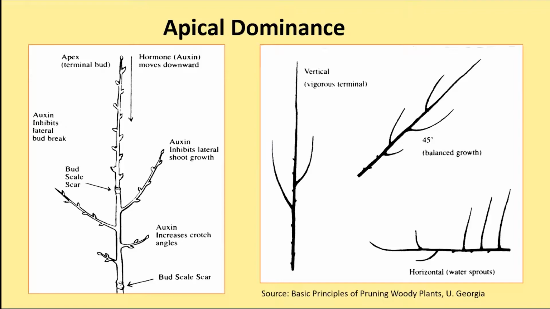In a vertical branch, when you look at the picture on the right half, auxin's effect is the strongest, and the effect subsides as the branch gets bent over and moved toward a horizontal position.